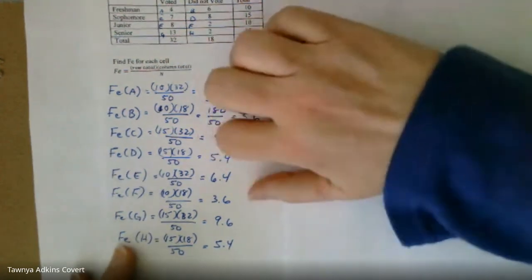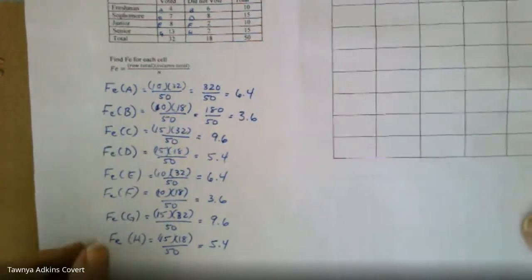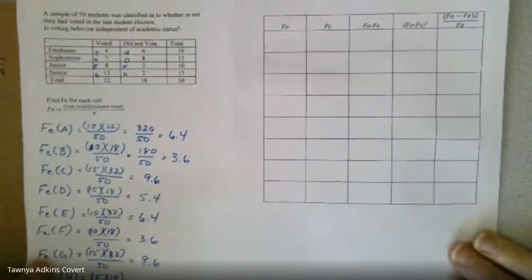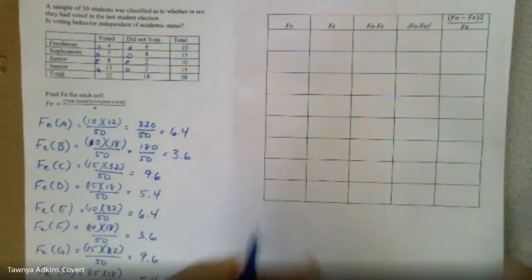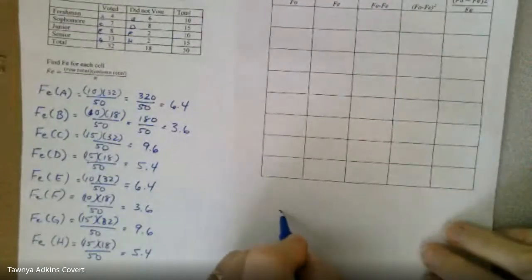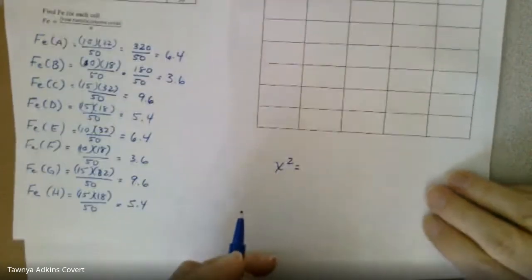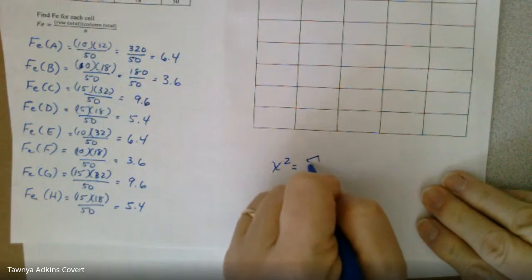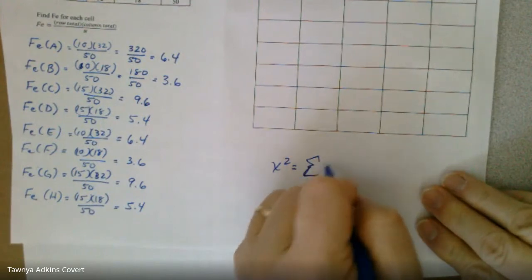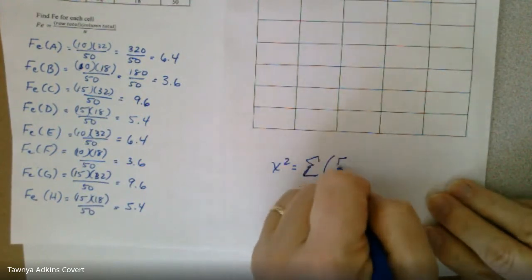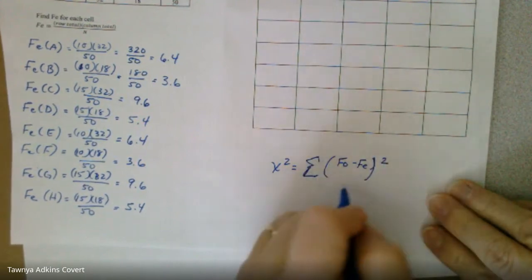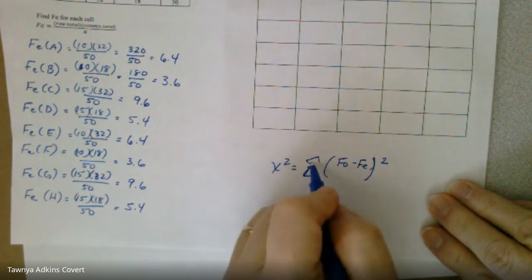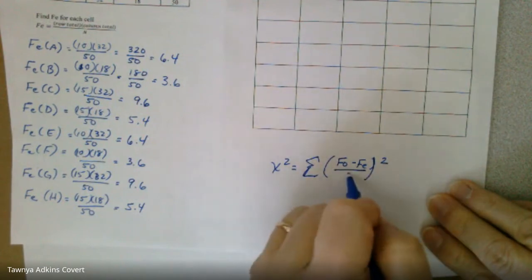The next piece of what you do, and I created a table because I wanted it to be clean, is you fill in your table. So the formula for chi-square, and I'm going to put it down here so you can see, chi-square is equal to the sum of, sorry about my summation symbol there, FO minus FE squared, divided by FE.